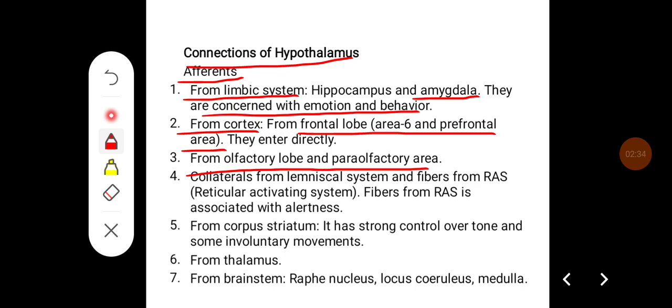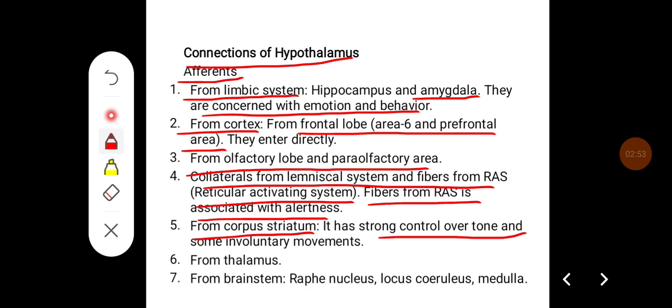They also receive collaterals from the lemniscal system and fibers from the reticular activating system, which are associated with alertness. From the corpus striatum, it has a strong control over the tone and some involuntary movements. And the hypothalamus also receives afferents from the thalamus and from the brainstem, that is from the raphe nucleus, locus coeruleus, and medulla.